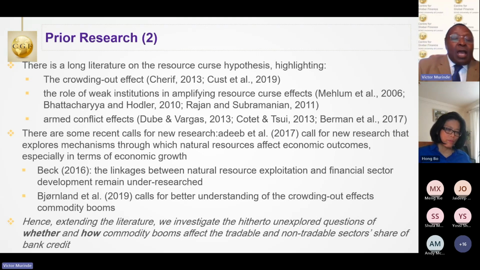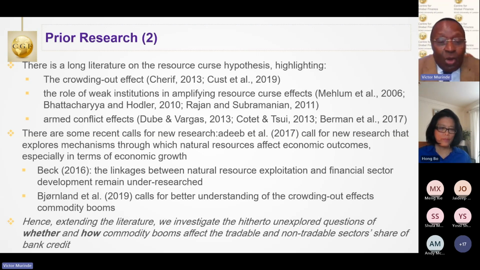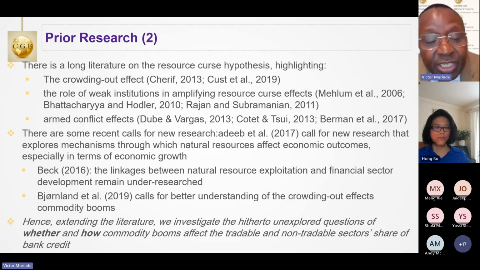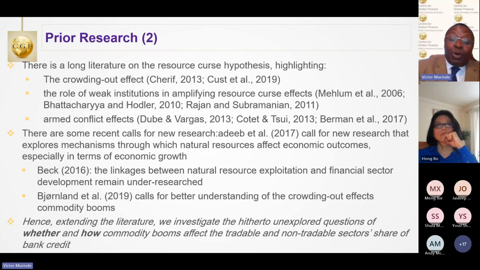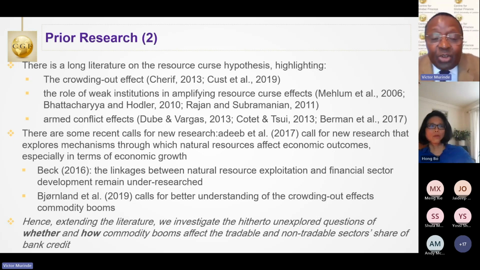Okay. And there are two linkages here to economic growth. One is the work by Beck, in which there are linkages between natural resource exploitation and financial sector development. The paper by Beck in 2016 said this is very under-researched, and there are quite a number of papers now building on this work, including the ongoing work with Sandrine and Asina.